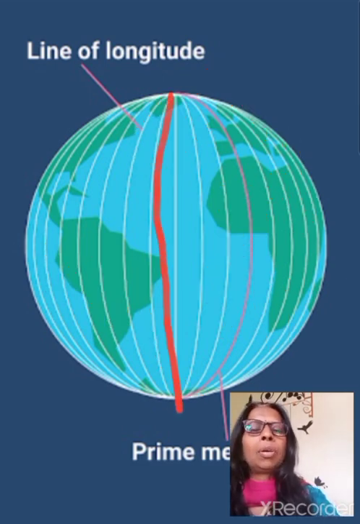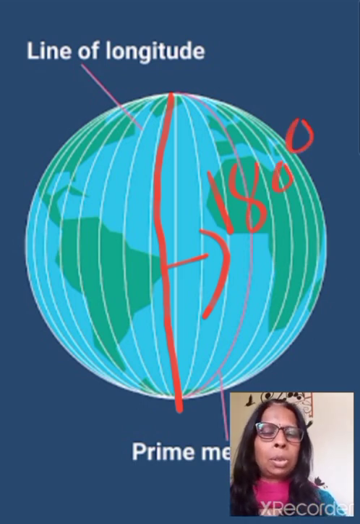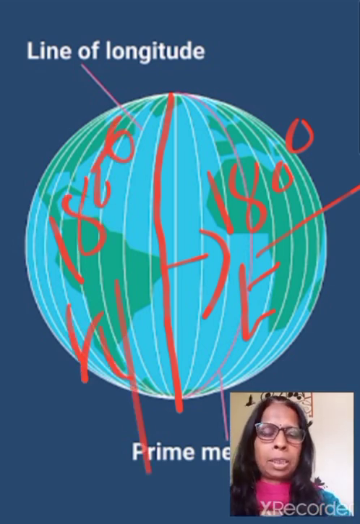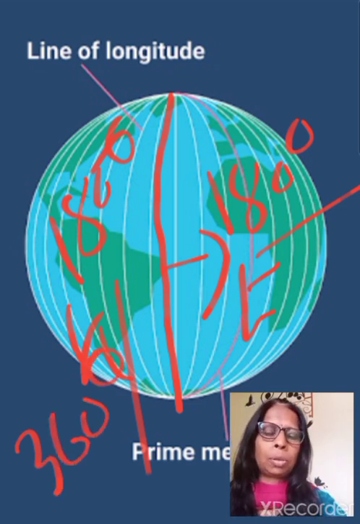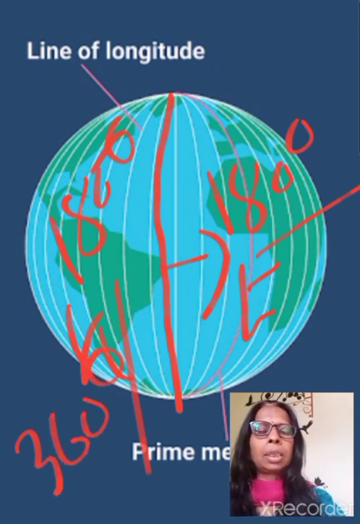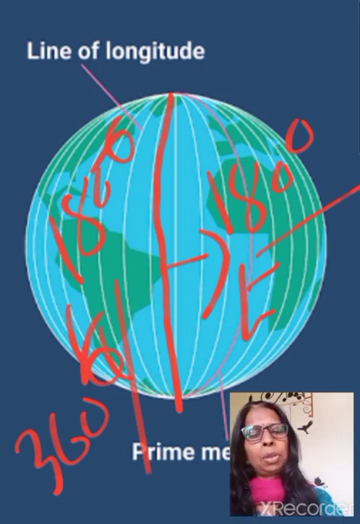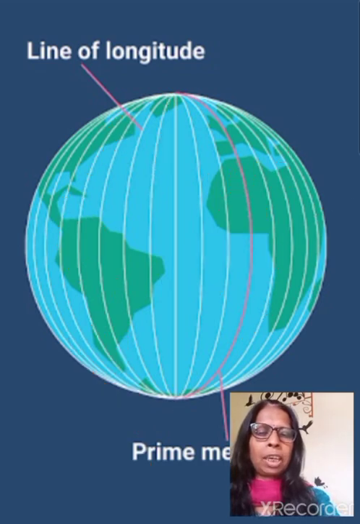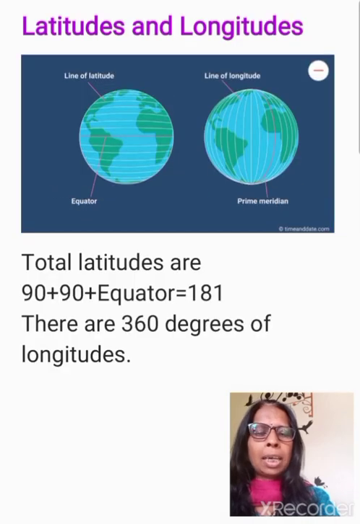There are 180 degrees of longitudes to the east and 180 degrees to the west, so a total of 360 degrees of longitudes. I hope your concepts related to latitudes and longitudes are very clear. If you have any doubts, please inbox me and ask.